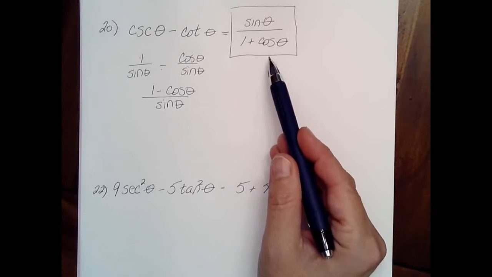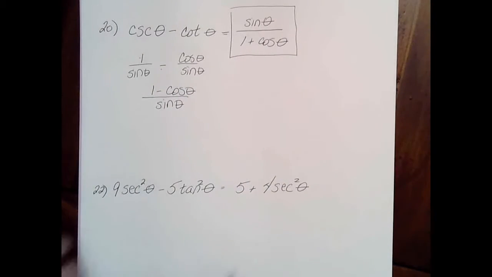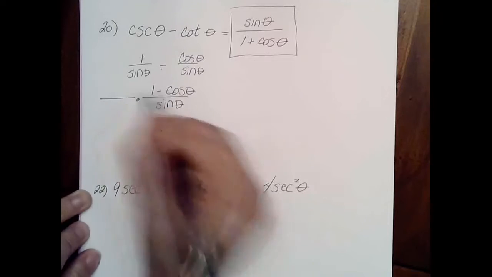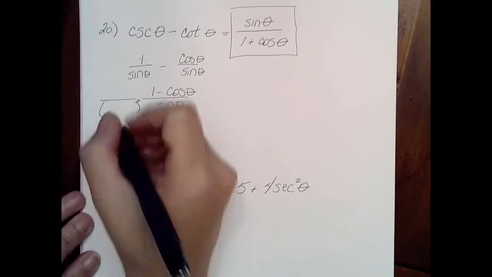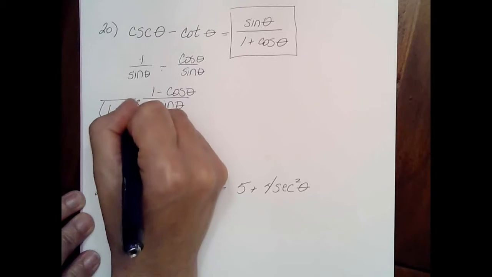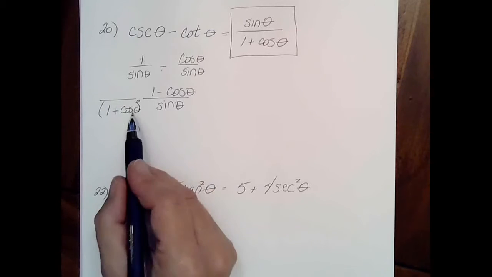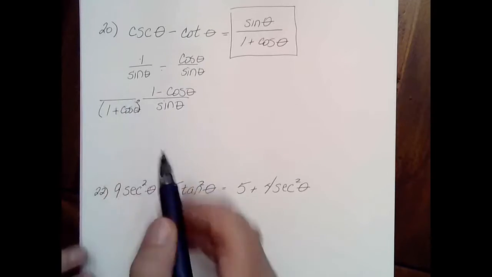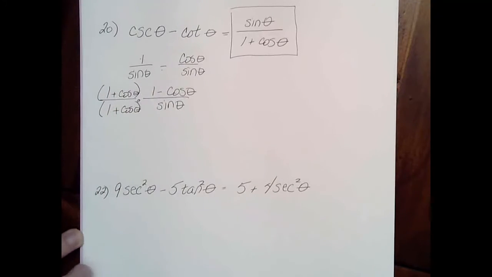So we have to make that denominator happen. And the way that we make it happen is by basically putting it there. So I am going to put it in my denominator, 1 plus cosine theta. Okay, I'm going to multiply that in my denominator. Whatever I do in the denominator, I have to do in the numerator also, 1 plus cosine theta.